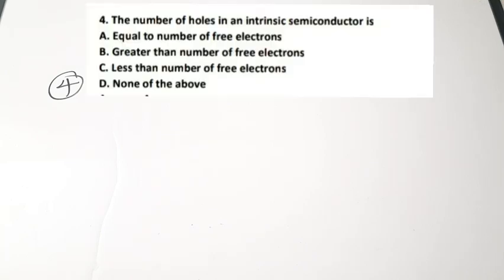The number of holes in an intrinsic semiconductor is dash. A, equal to the number of free electrons. B, greater than the number of free electrons. C, less than the number of free electrons. D, none of the above.